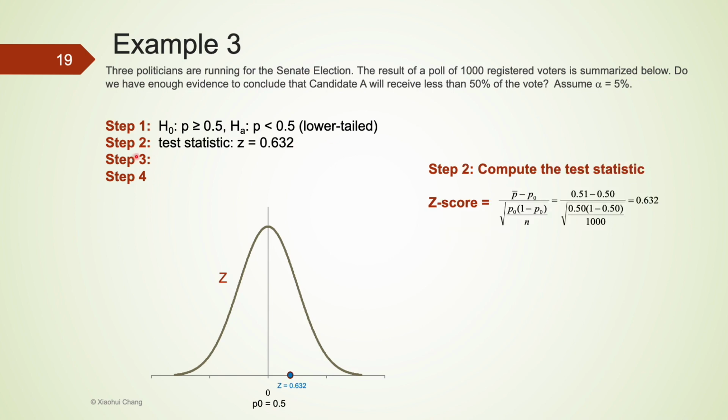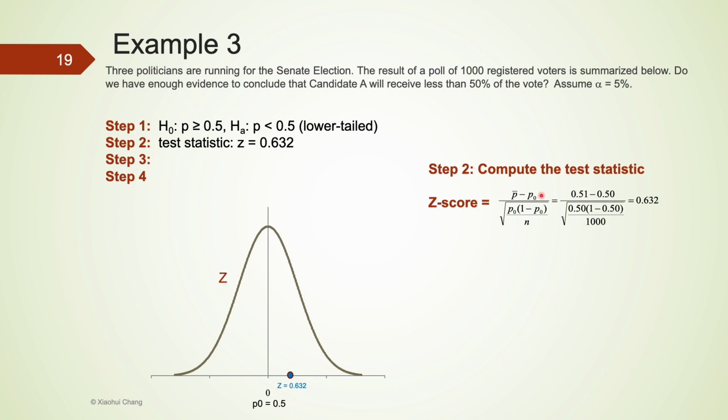In step 2, we need to calculate the test statistic. Again, this is categorical data. We are dealing with population proportion. You may remember the test statistic is always a z-score. Let's plug the numbers into this formula. For the numerator, p-bar is the sample proportion, which we calculated to be 51% or 0.51.